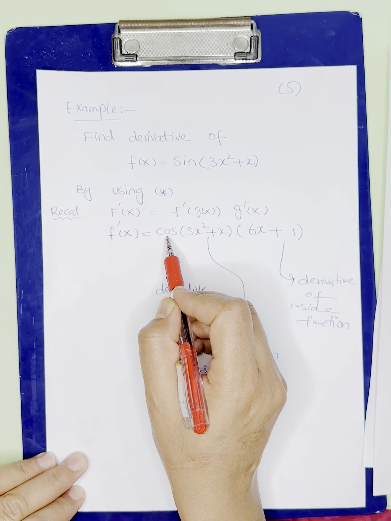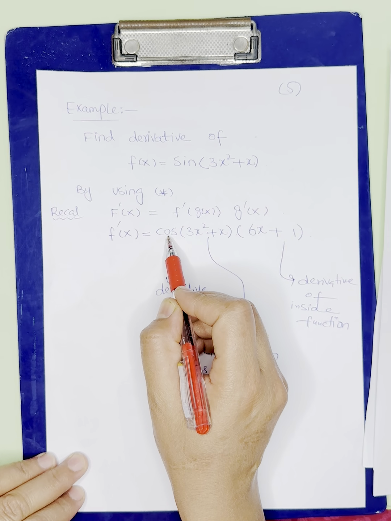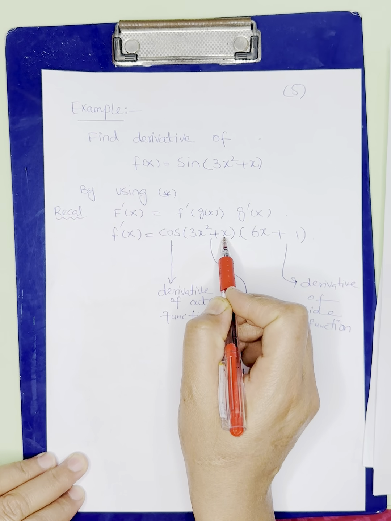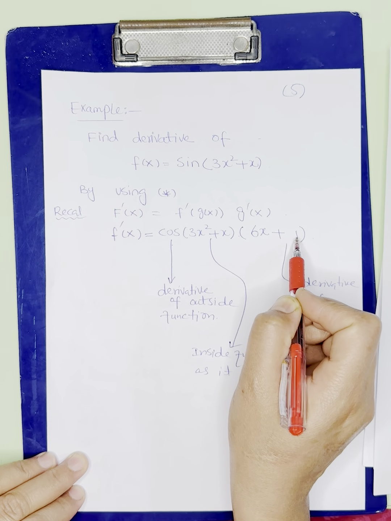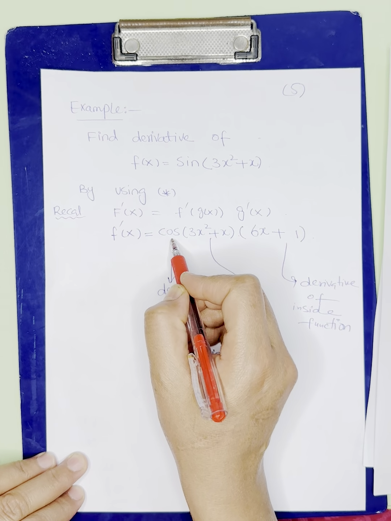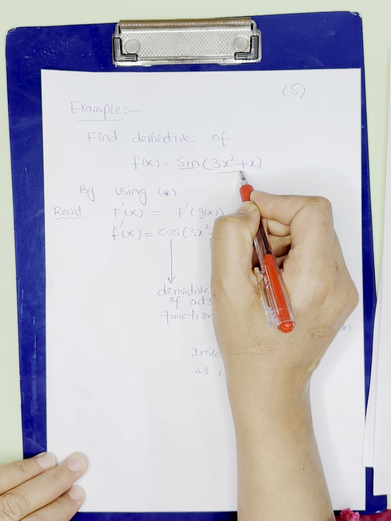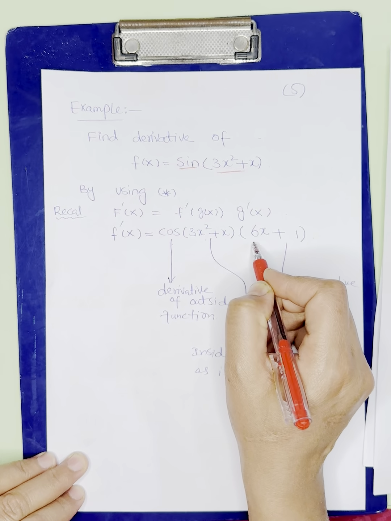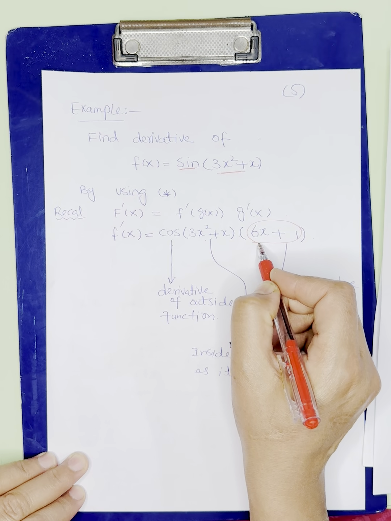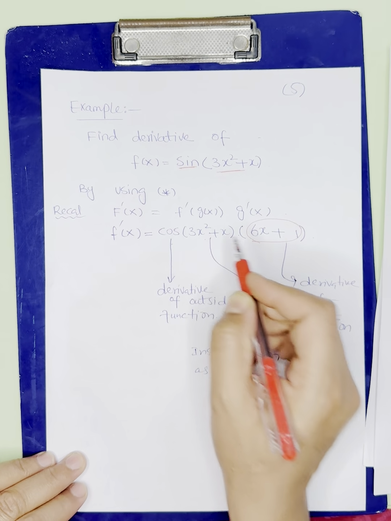Since the derivative of sine is cos, it can be written as cos of 3x square plus x into 6x plus 1. You can see that cos is the derivative of the outside function. Inside function 3x square plus x is as it is, and 6x plus 1 is the derivative of the inside function.